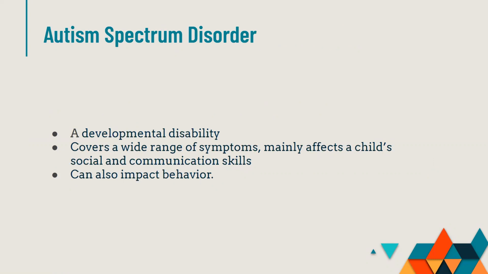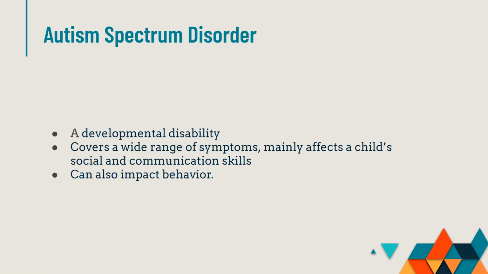Autism spectrum disorder is another umbrella term used to classify a developmental disability with a wide variety of symptoms and characteristics. Most commonly, autism spectrum disorder affects a child's social and communication skills, but it may also impact behavior.